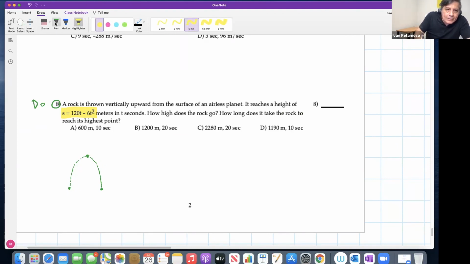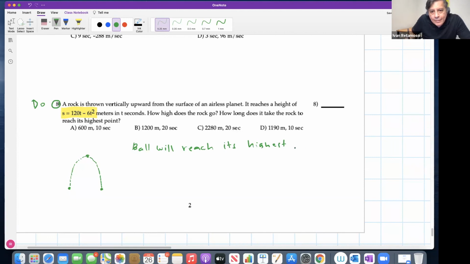Now, one thing is true, the ball will reach its highest point when, look, notice the velocity is 0, right? Velocity 0, because it's going up here, velocity 0, and then comes back, right?